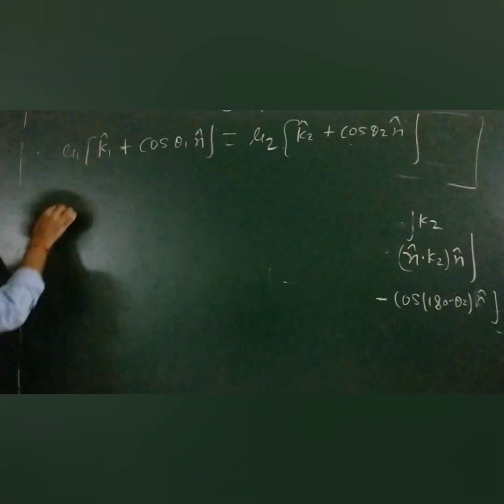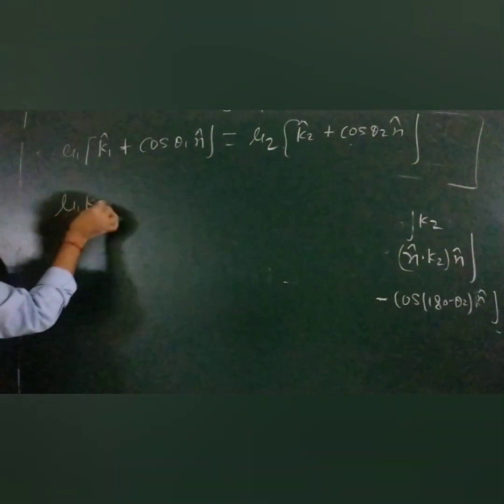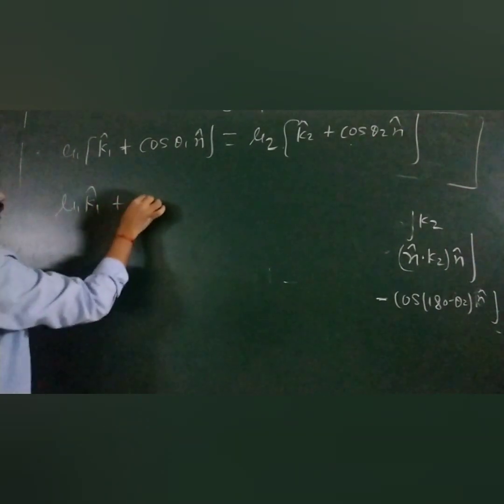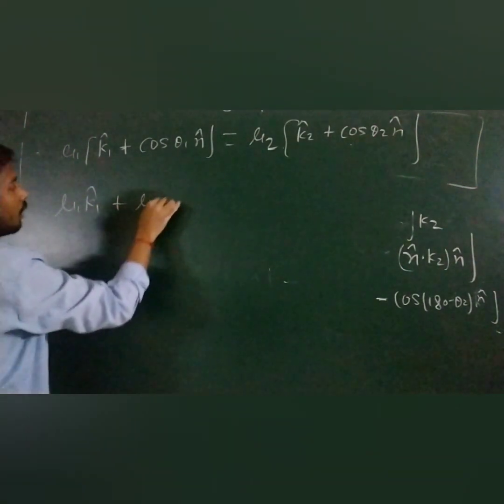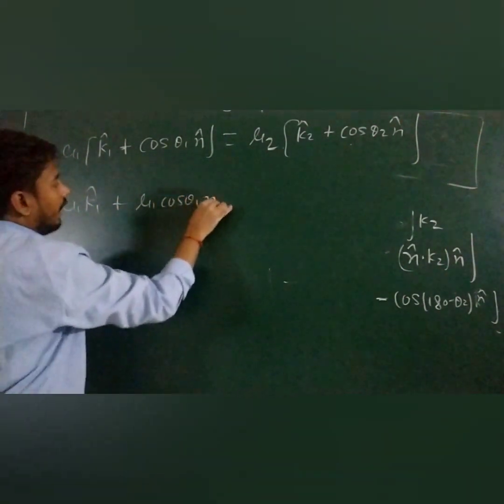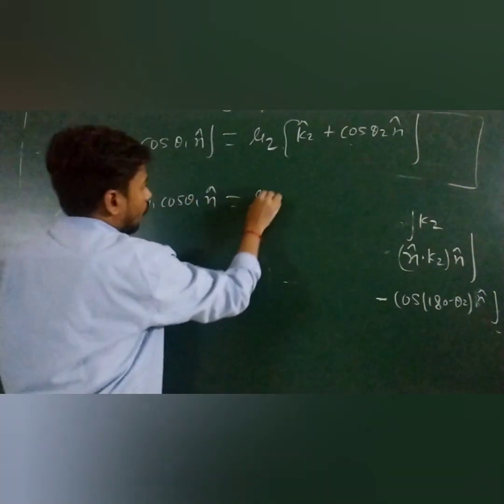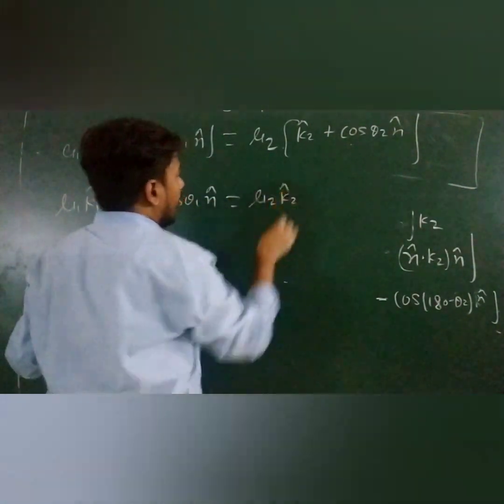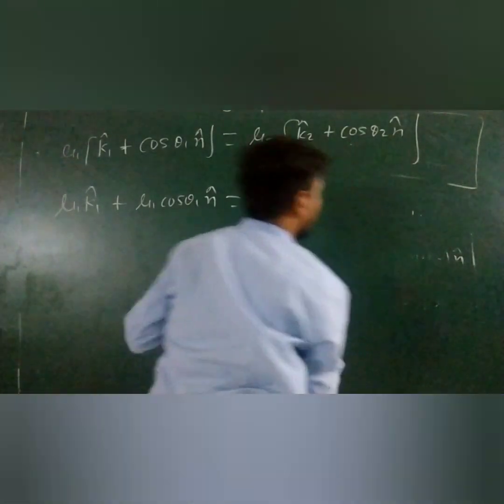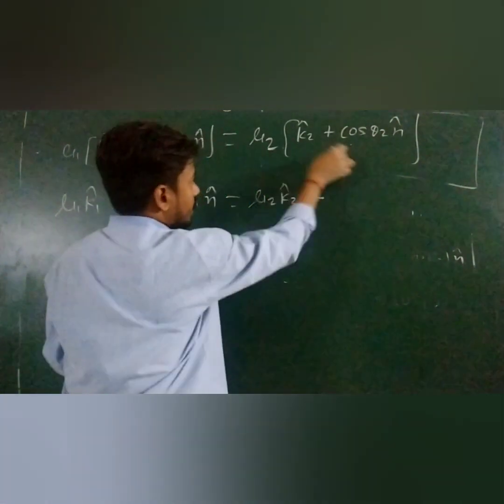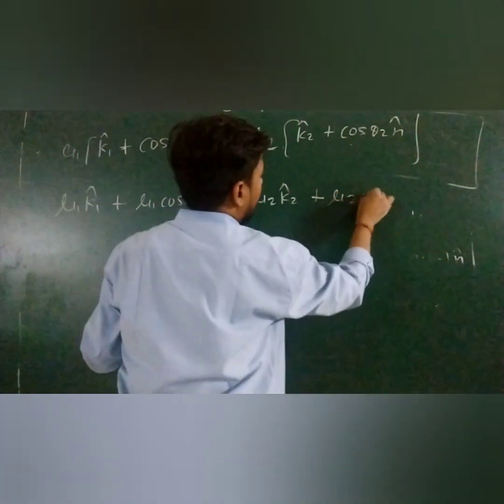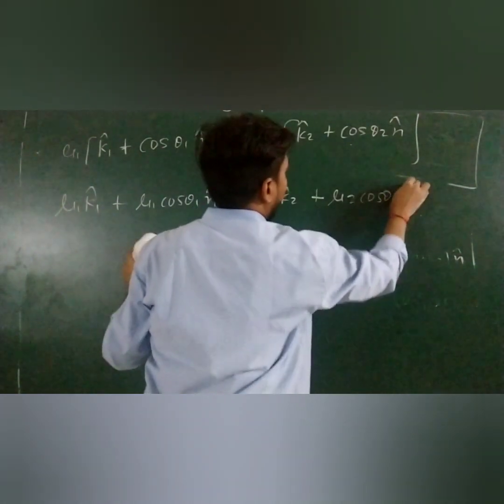Now solve this one. This becomes mu1 K1 cap plus mu1 cos theta 1 N cap is equal to mu2 K2 cap plus mu2 cos theta 2 N cap.